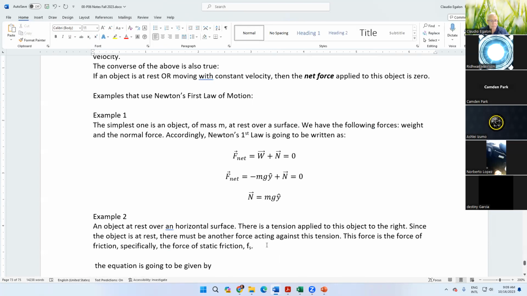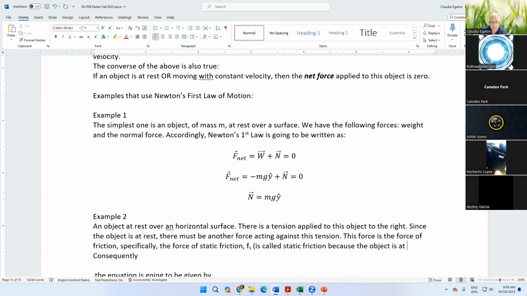It's the force of static friction because the object is at rest.